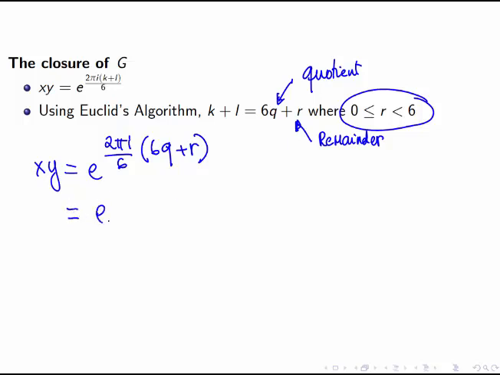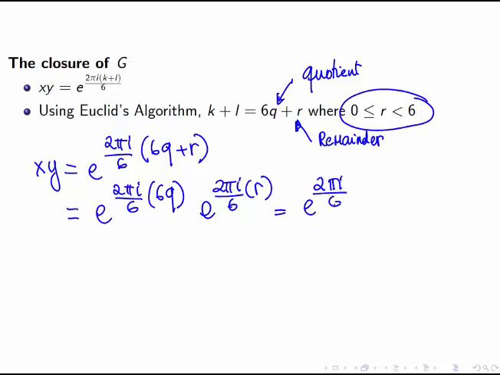And the point is that this will be e^(2πi/6 · 6q) times e^(2πi/6 · r). So this will be e^(2πi·6q/6), those two 6s cancel each other out, times e^(2πi r/6).